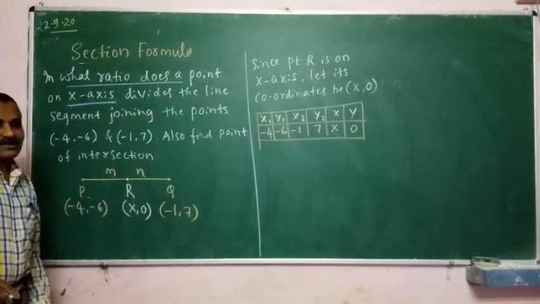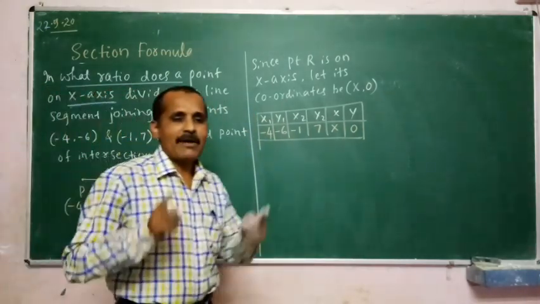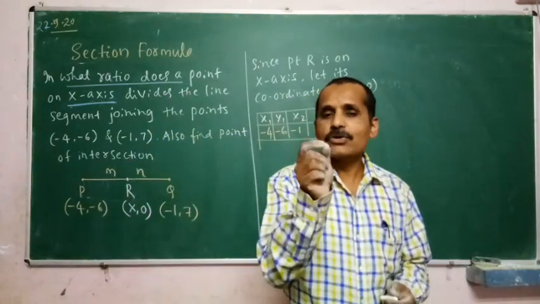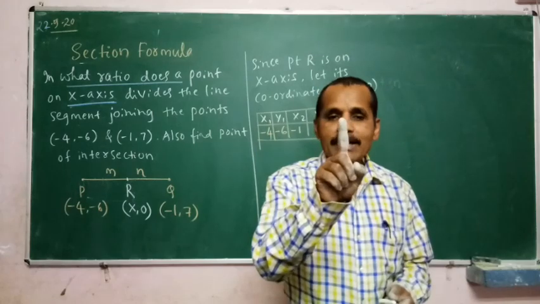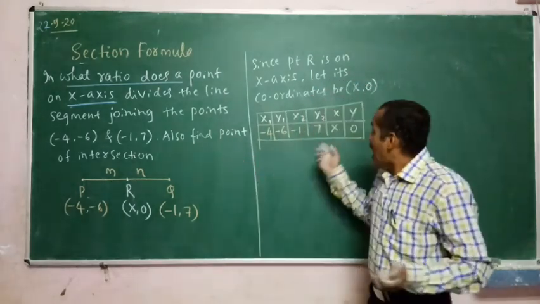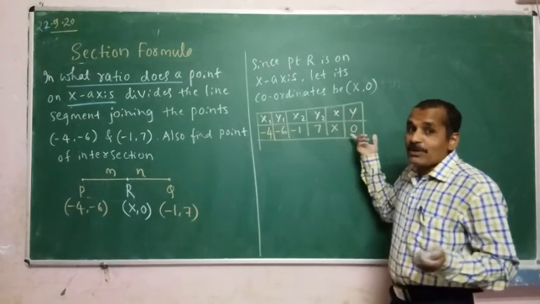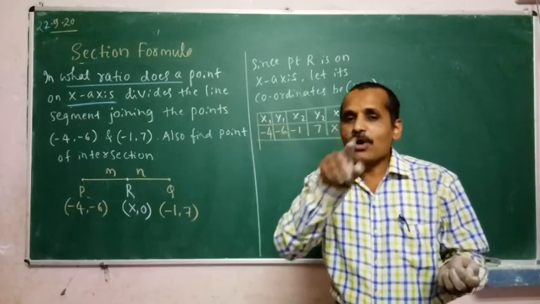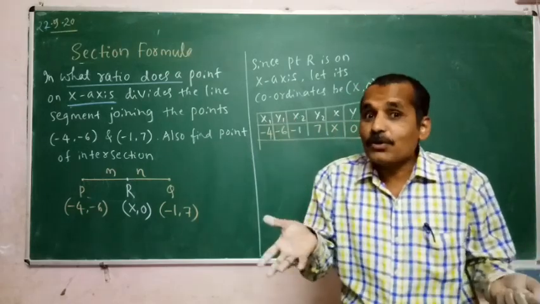Now listen, students. We have already learned that to find the ratio, only one formula is sufficient. I will go for the second formula only, because the y value is known to me. I am not going to use the section formula for x, because x is unknown for me.